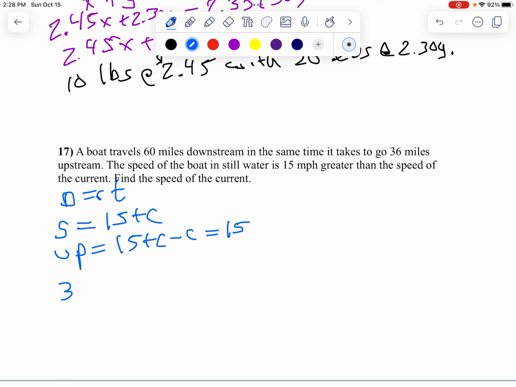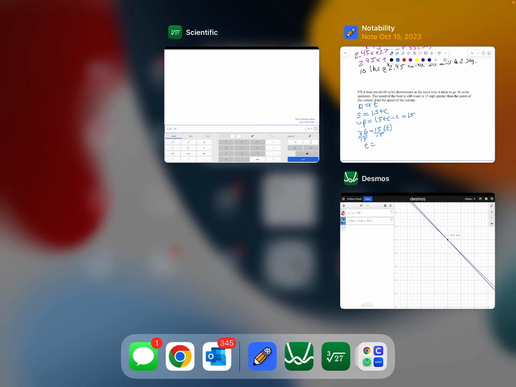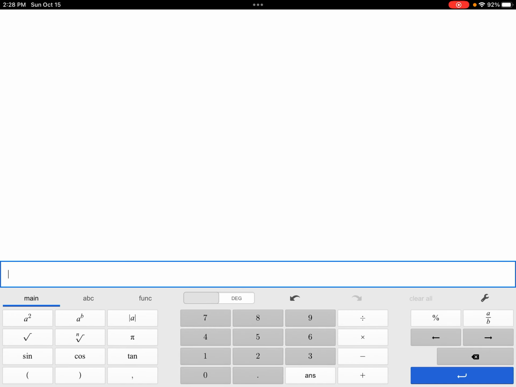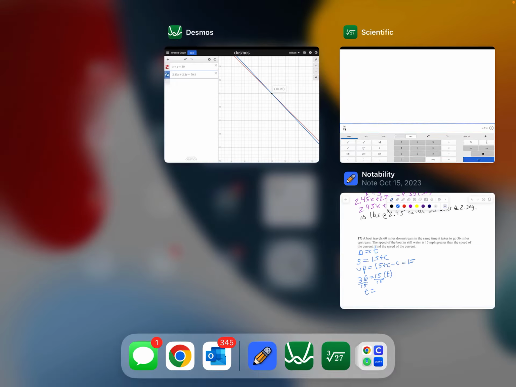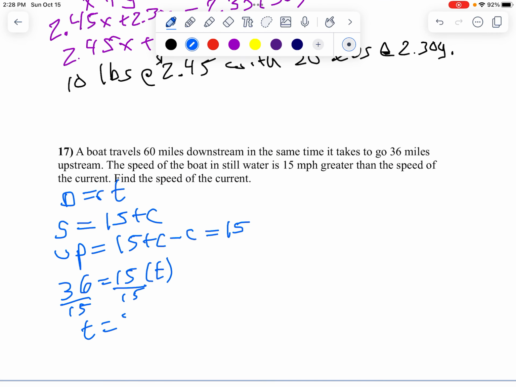So I'm going to go 36 miles equals my speed, which is 15, times my time. Well, let's solve for the time. So I'll divide both sides by 15. I can't do that in my head. So let's take 36 divided by 15. We get 2.4. So we know when they went boating, it took 2.4 hours.